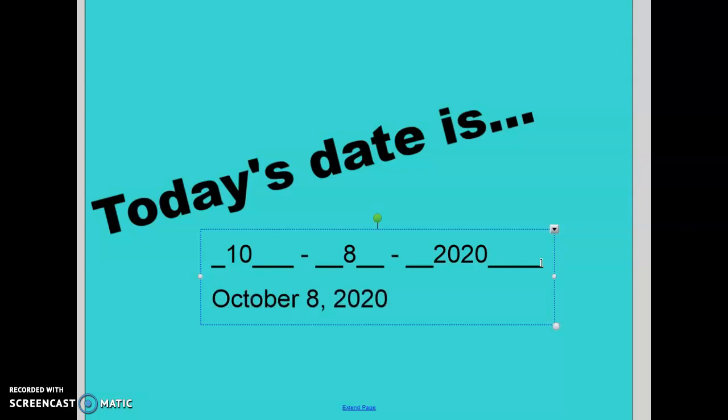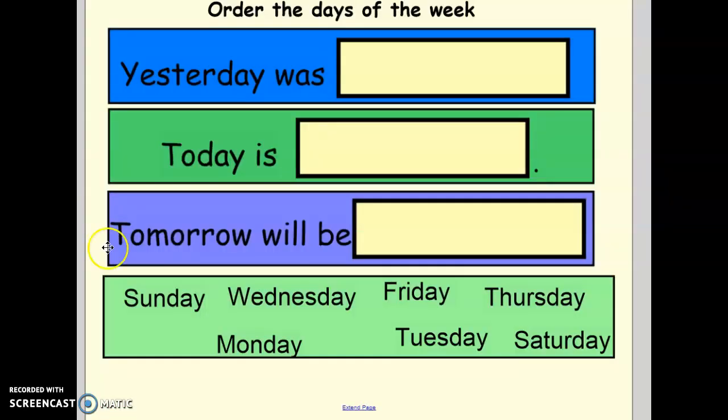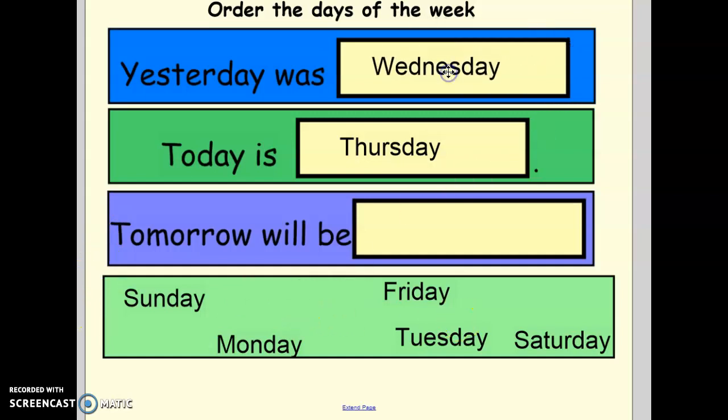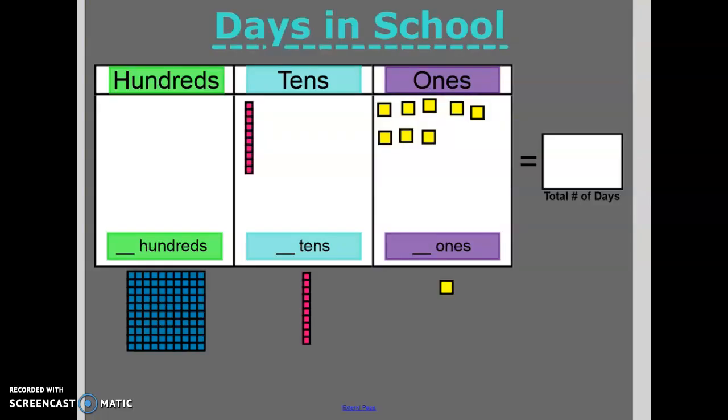October 8th, 2020. I know today is Thursday, so I hop backwards to yesterday. And yesterday was Wednesday. I know that tomorrow will be my favorite day of the week. Friday, woo woo!